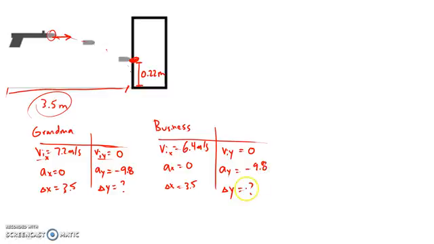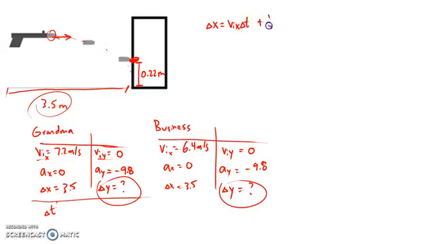But here's the plan. What I'm going to try to do is find the delta y for both the businessman and the grandma. I'm going to look in the x direction first and find time, so I'm going to use this equation.